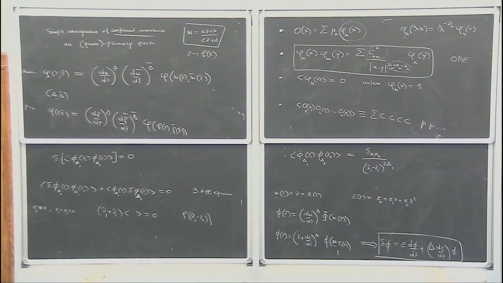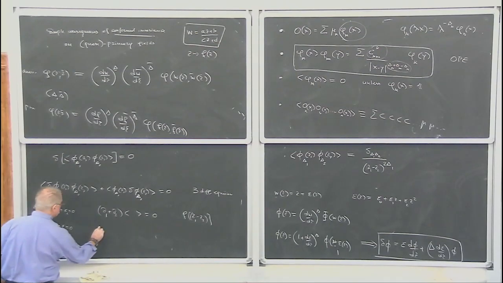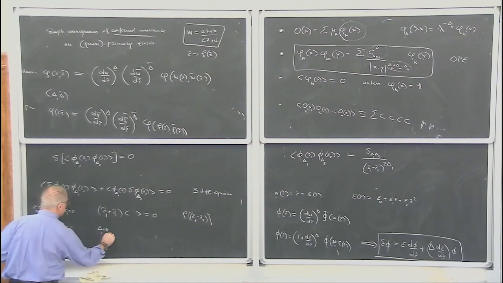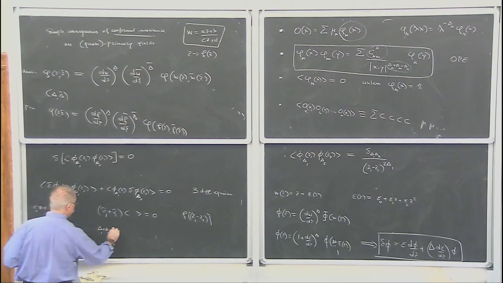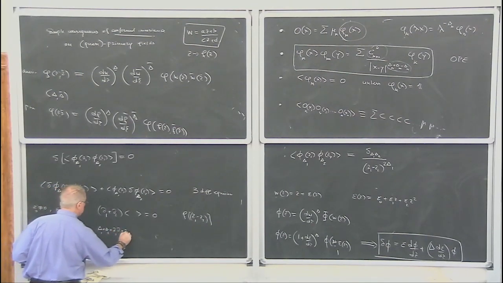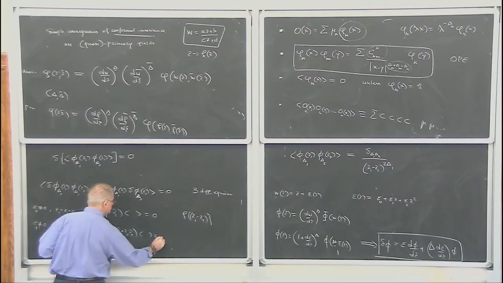Okay? Now, if epsilon 1 is different from 0, and epsilon 0, epsilon 2 are equal to 0, the differential equation you get is delta 1 plus delta 2 plus z1 delta 1 plus z2 delta 2 applied to this has to be equal to 0.